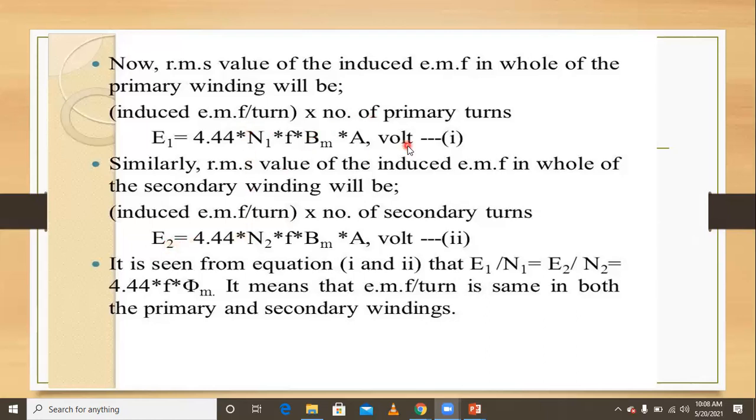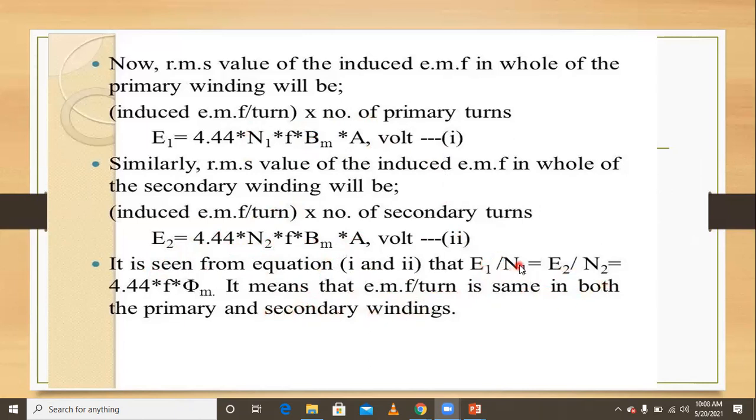So understood? Then it is seen from equations 1 and 2, E1 by N1 is equal to E2 by N2. That is equal to 4.44 into F into B m into A, or otherwise phi m. It means that the EMF per turn is the same in both primary and secondary windings.